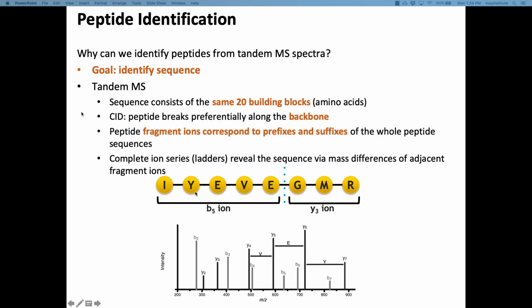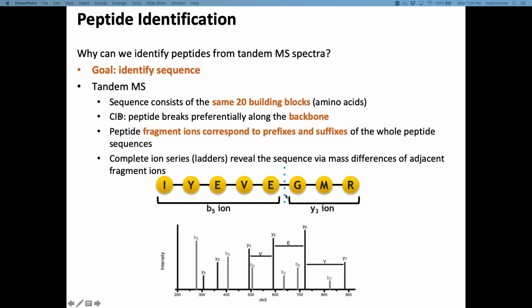If you have such a peptide, you can break it apart basically before and after each and every amino acid. If such a peptide collides with a neutral gas atom, it'll break apart, and it's not breaking apart at arbitrary positions, but preferentially at the peptide bond.